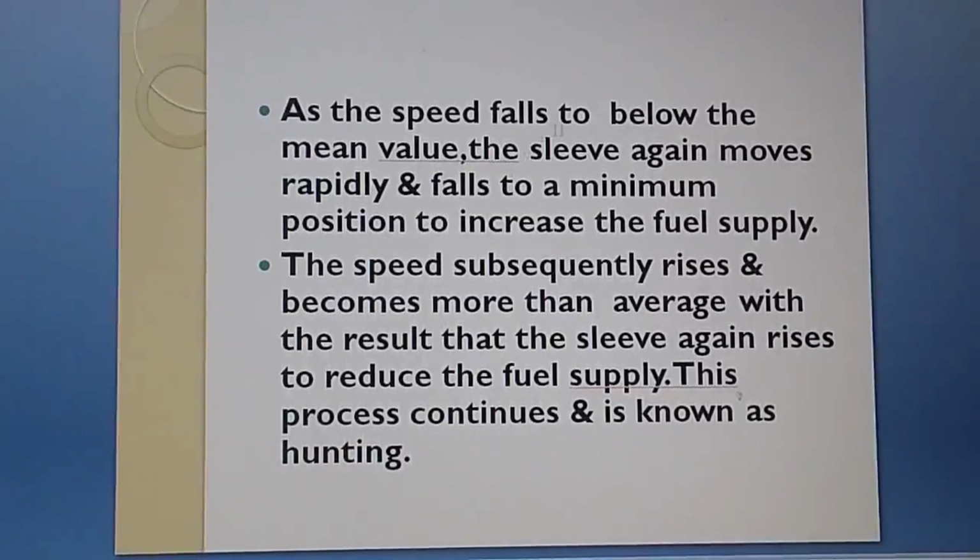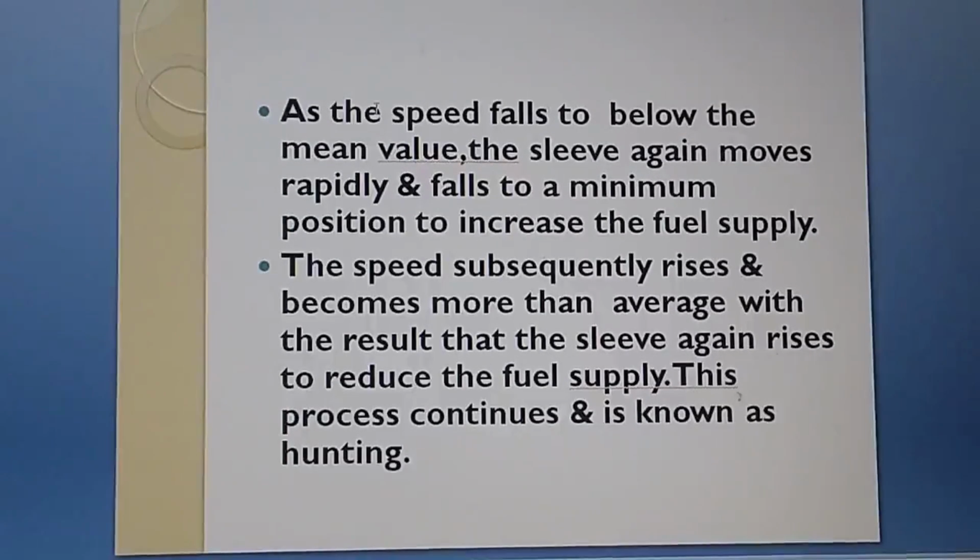And as the speed falls below the mean value, the sleeve again moves rapidly and falls to the minimum position in order to increase the fuel supply. We have discussed this in the previous governors in their working principles.